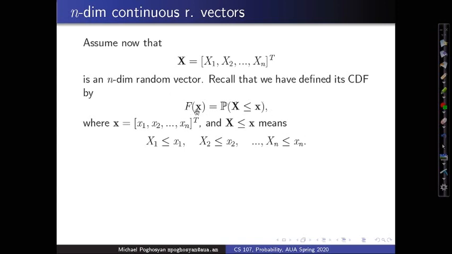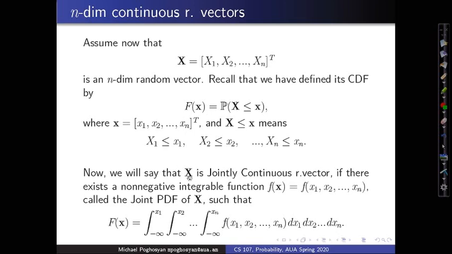The value of our CDF at the point small x, which is boldface x because it is an n-dimensional vector, is the probability that our random vector is less or equal than this small vector. This means that the first coordinate x1 is less or equal than small x1, random variable x2 is less or equal than small x2, etc., random variable xn is less or equal than the number xn. This probability gives the value of our joint CDF.